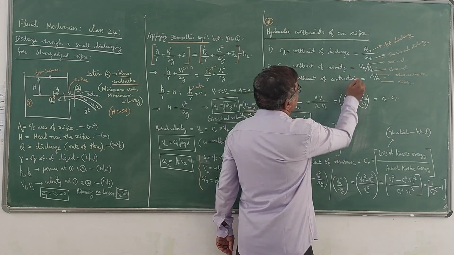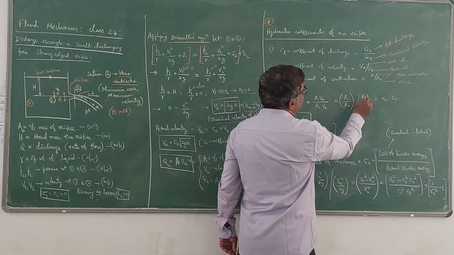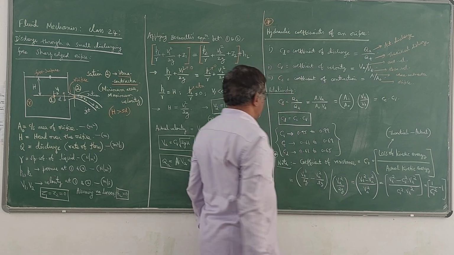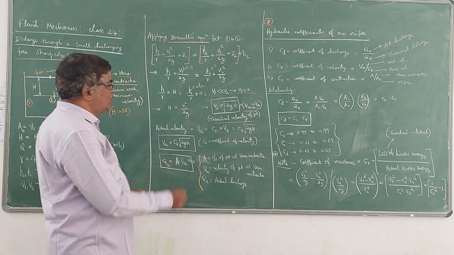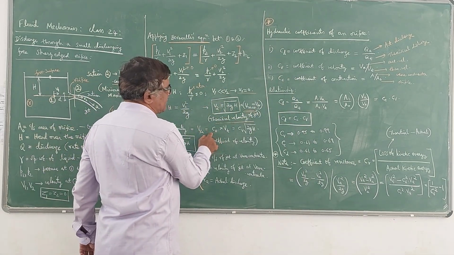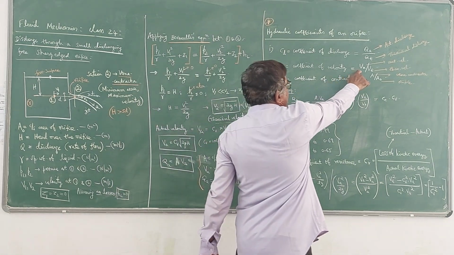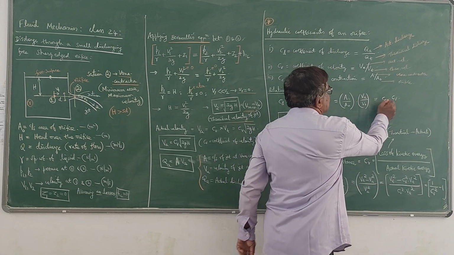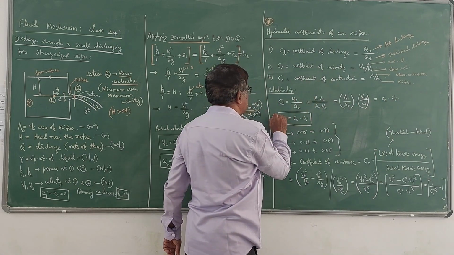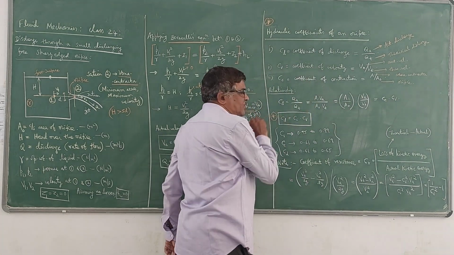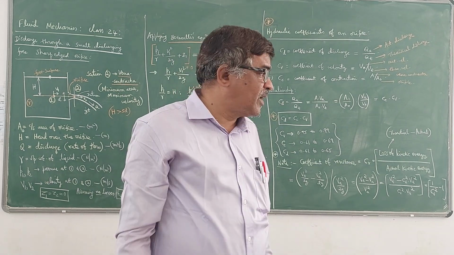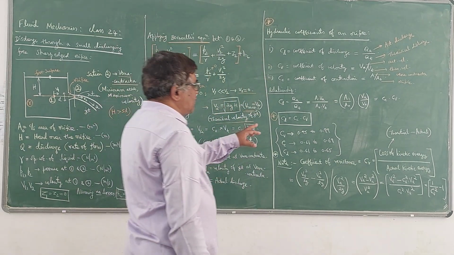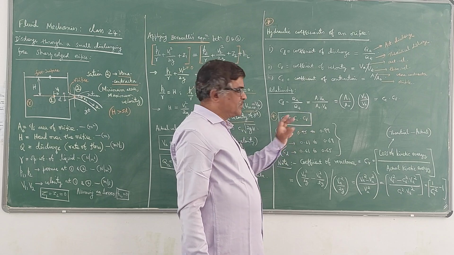A by A0 is nothing but Cc, Va by Vt is nothing but Cv. So that means you get Cd is equal to Cc into Cv. This is a very important relation between the hydraulic coefficients of an orifice. By knowing any two, you can find out the third one using this equation.